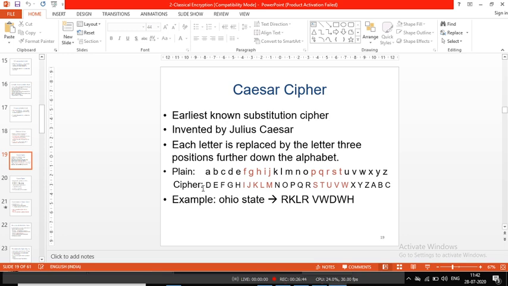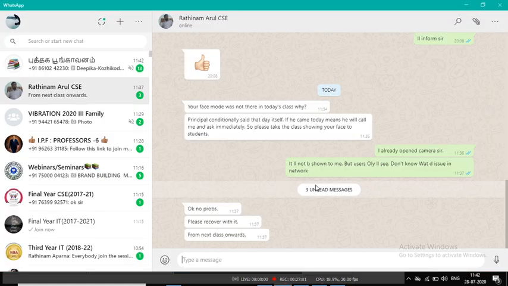For example, if the first letter is P, what is the third letter from P? Q or S. So P can be replaced as S. Clear? Yes, sir. Okay.